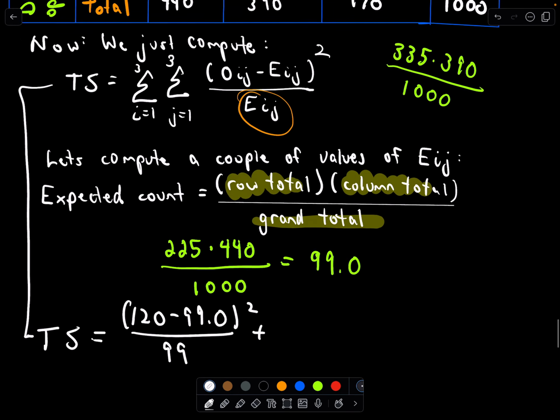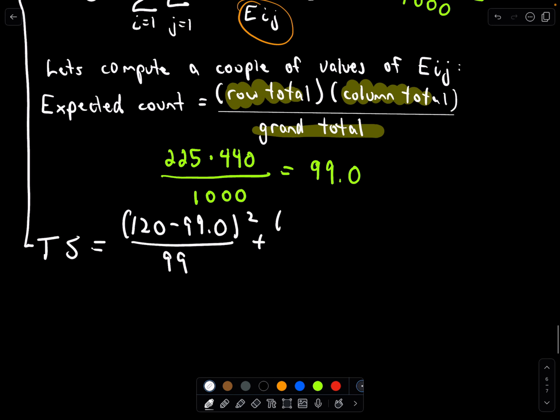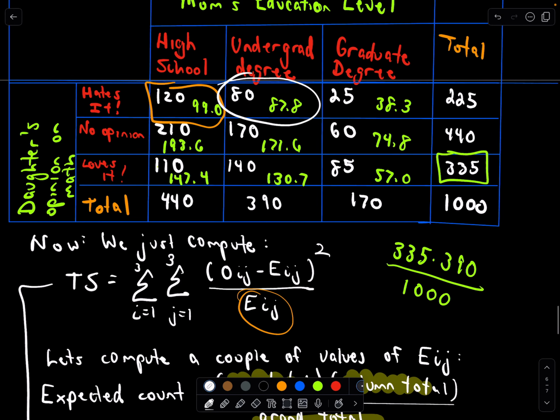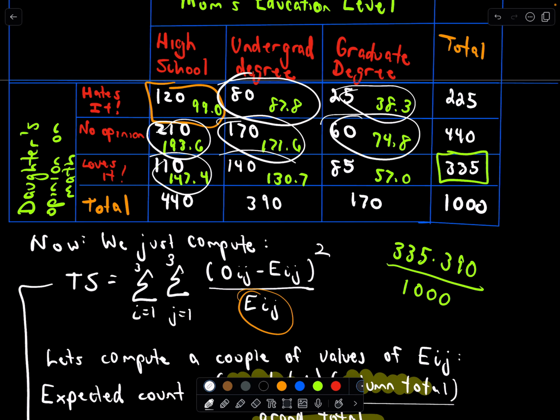So 80 minus 87.8, squared, over 87.8. And then I would keep doing this for the next one, the next one, and so on.